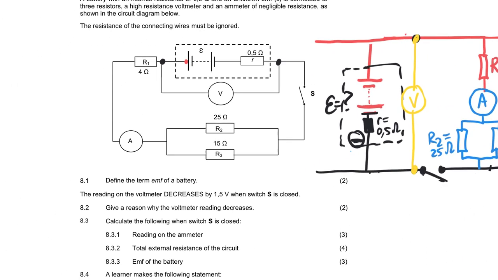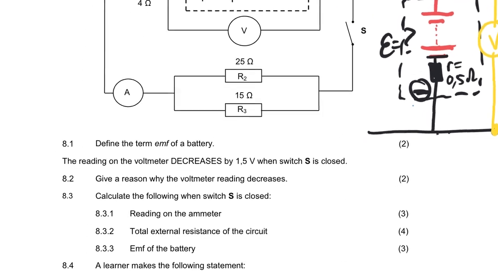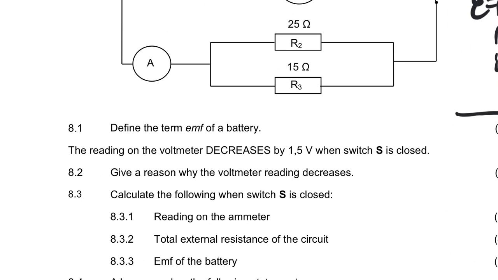So now we look at 8.2. It says the reading on the voltmeter decreases by 1.5 volts when switch S is closed. Now, give a reason why the voltmeter reading decreases.